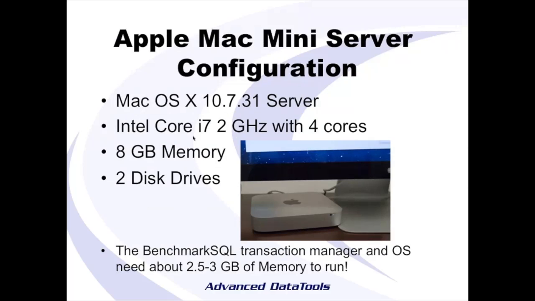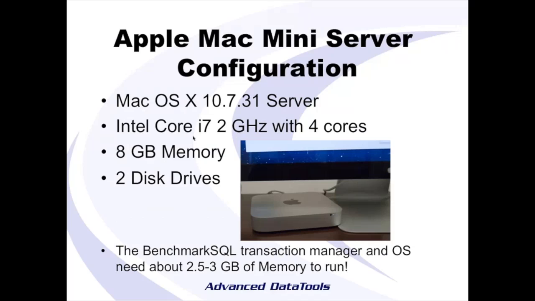So this time we ran the contest on Apple Mac Mini servers, and they're phenomenal little machines. There's a picture on the screen there of what they look like. They are small, but they are very powerful. They have one Intel CPU with 4 cores, 8 gigs of memory, and 2 disk drives.